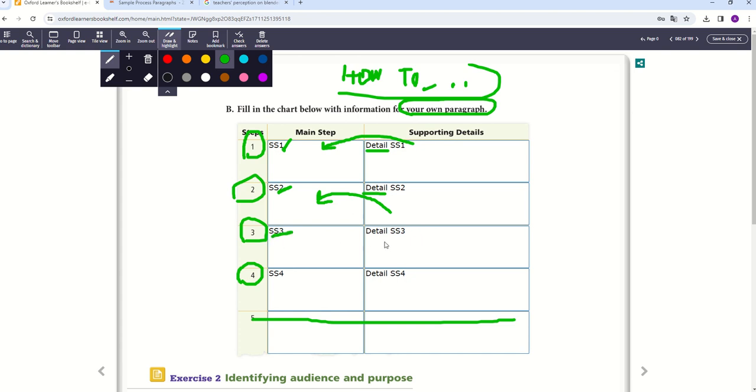Then main step number 3, one detail, and step number 4, detail. So please think about how to do something. You are going to demonstrate or suggest the reader to do something by following these 4 steps with one detail each. One main step and one detail.